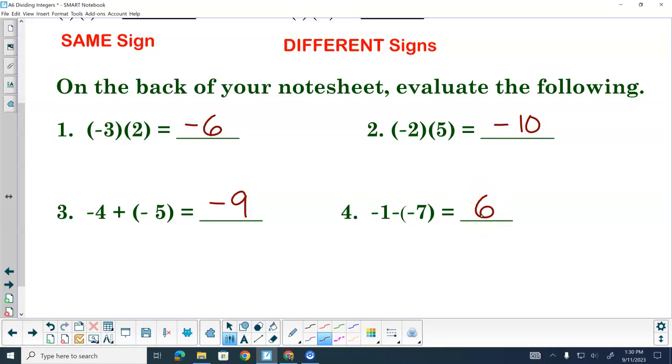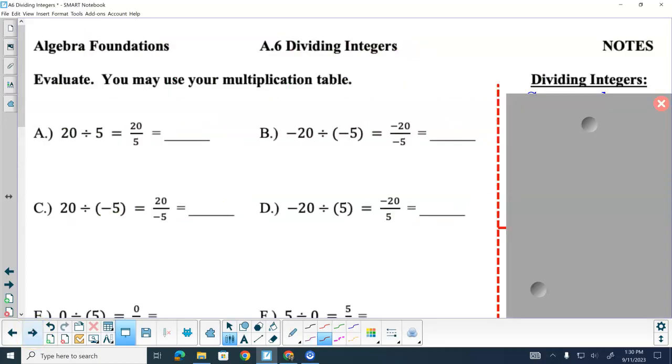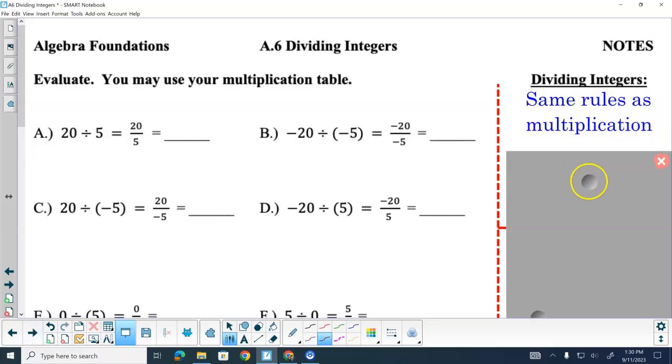All right, let's get into it. Now we're on dividing integers. The reason that we went multiplication first is because the dividing rules are the same as multiplication.